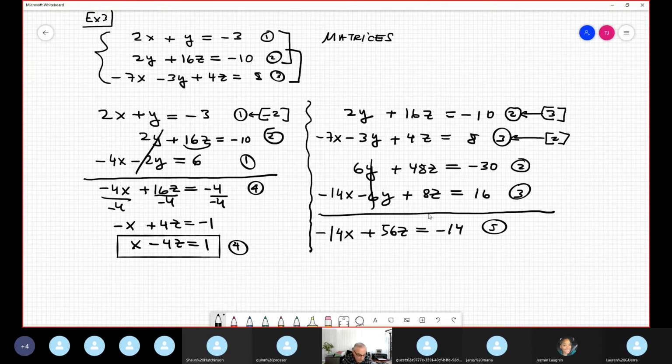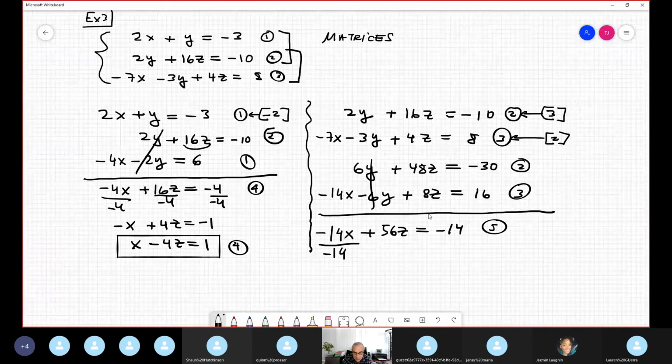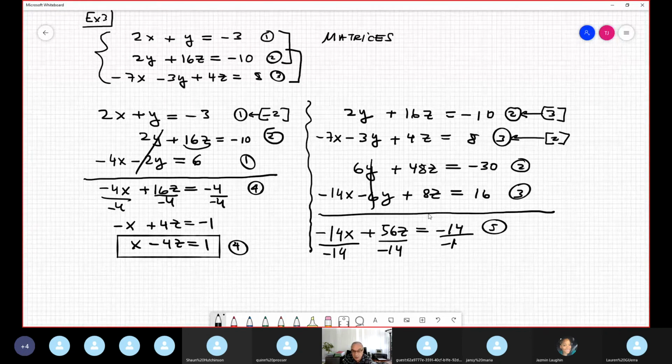I can divide everything by 14, or by negative 14, because I like so much to reduce to lowest terms. So we have x, negative 4z equals 1, because 56 divided by 14 is 4. And this is my equation 5.